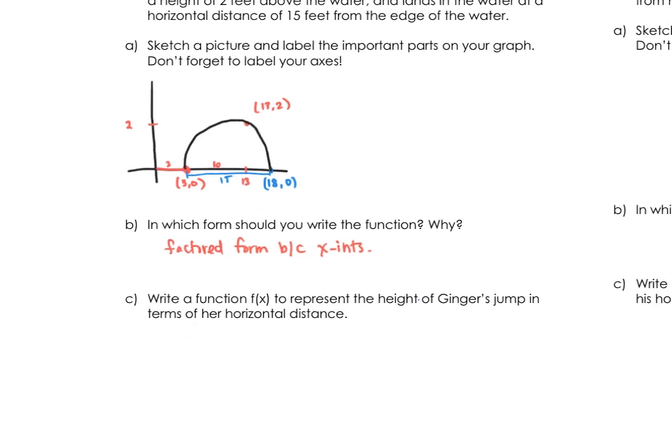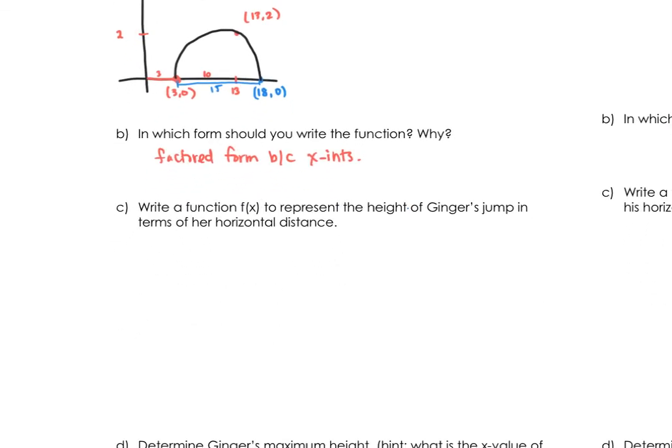All right, so now we're going to write the equation. In factored form, it's going to be f of x equals a, times x minus r1, and x minus r2. So here's r1 and here's r2. We're just going to plug that into our equation. So it's f of x equals a, times x minus 3 and x minus 18.